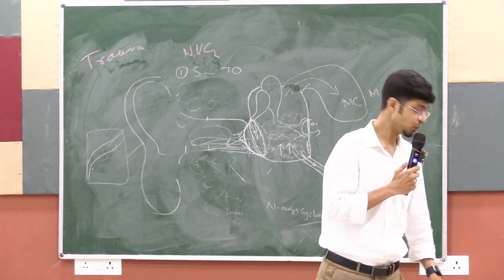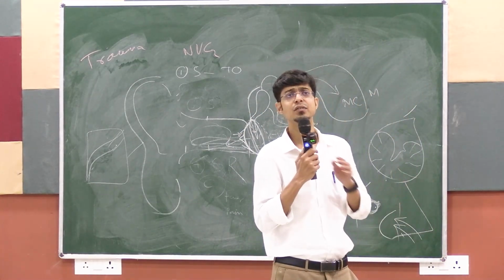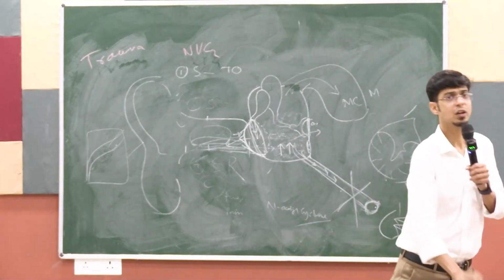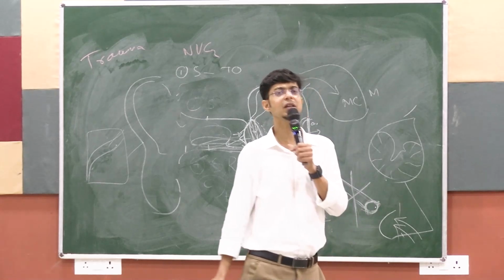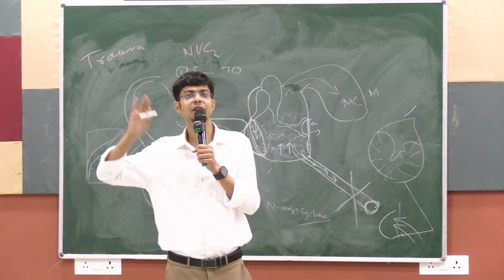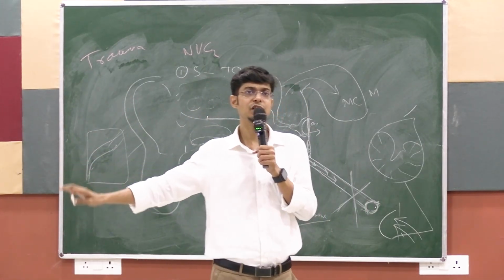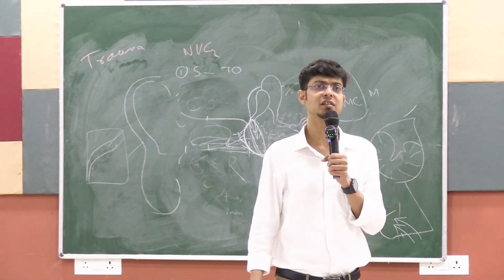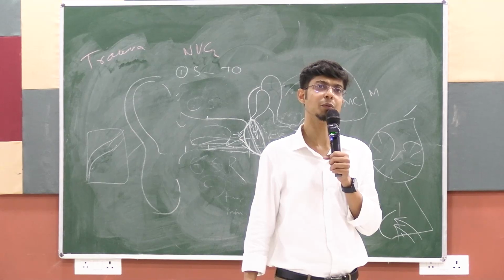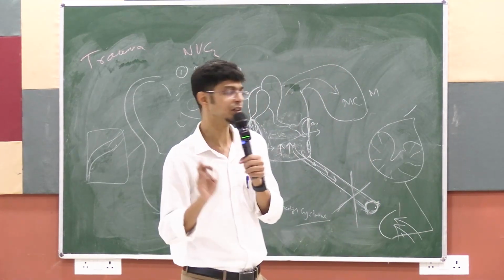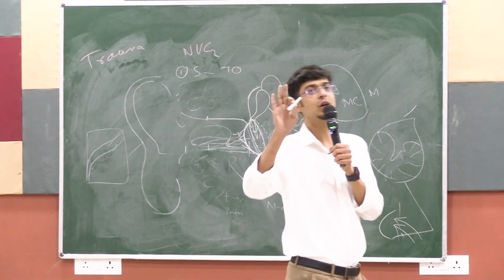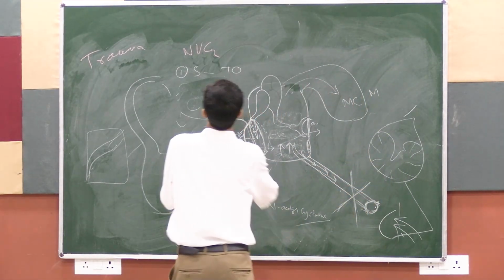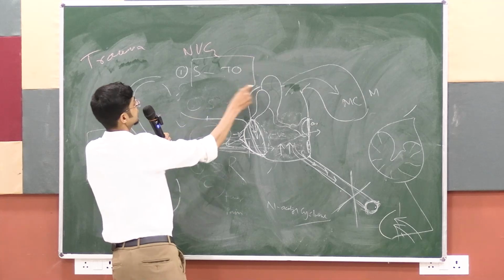There is some non-infectious reason for the tube to get occluded, obviously. Maybe a child is having an enlarged adenoid that is blocking the Eustachian tube opening, or maybe a nasopharyngeal mass that is obstructing the Eustachian tube opening. Something or the other is blocking the Eustachian tube, but there is no infection. So the disease starts and ends here.